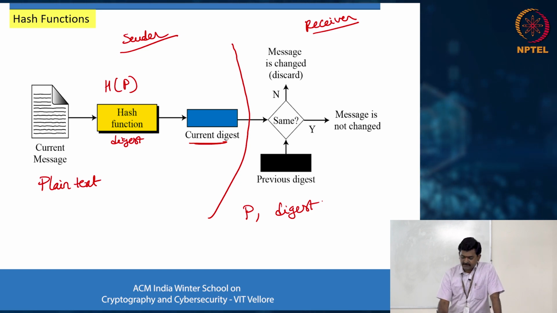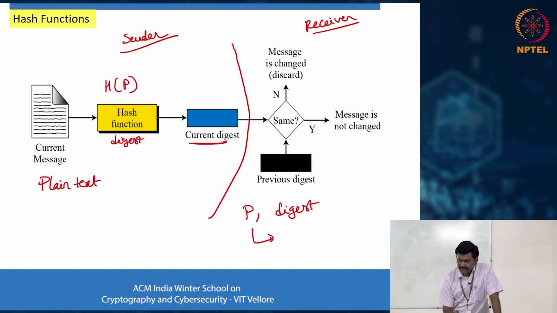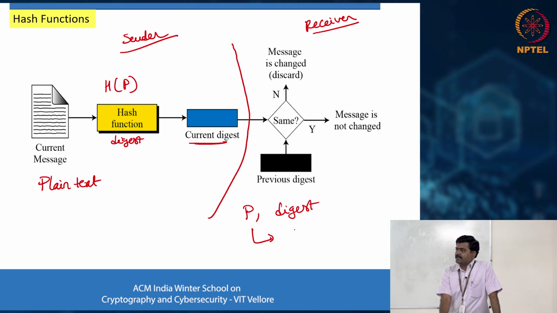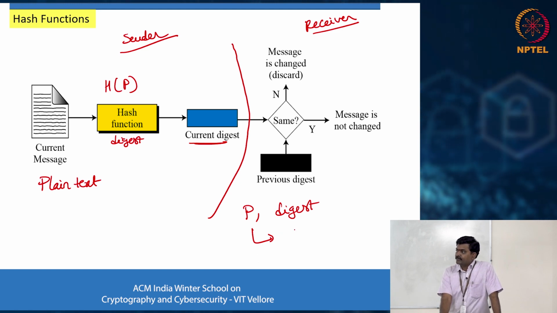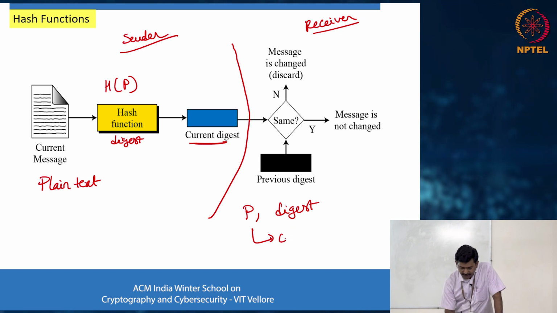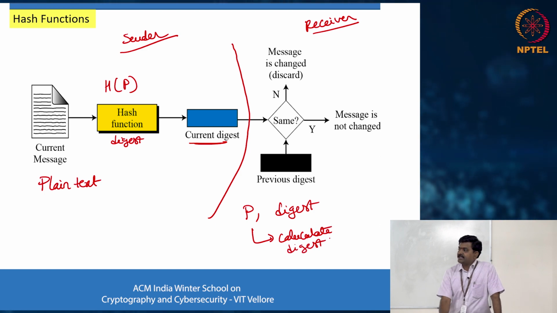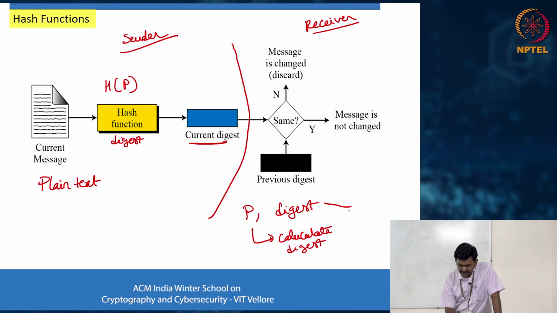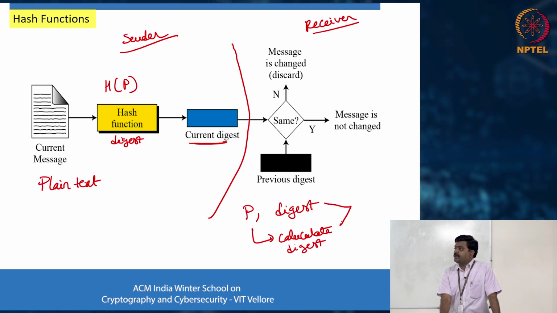At the receiver, they calculate the digest over the plain text. Once they calculate the digest over the plain text, they check whether the received digest and the calculated digest are the same or not.